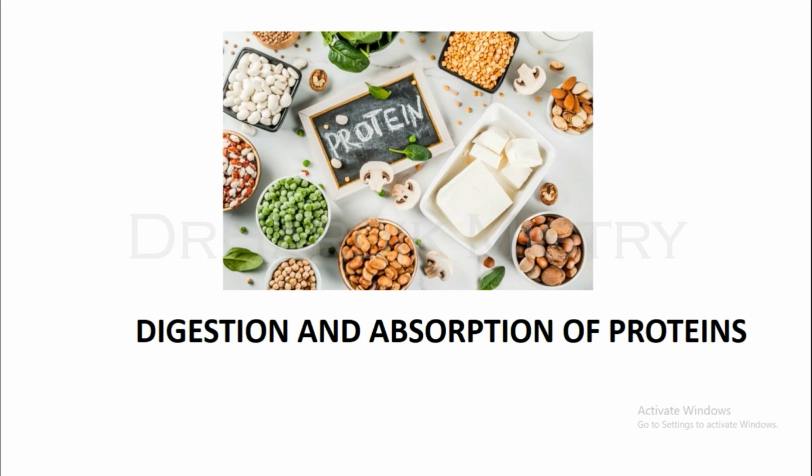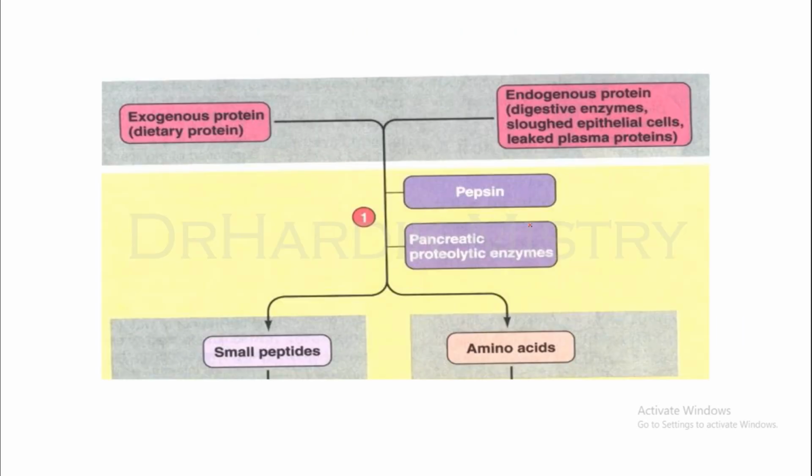Now we begin with the digestion and absorption of proteins. There are two different sources of protein: exogenous protein, which is the dietary protein, and endogenous protein, which includes the digestive enzymes, sloughed epithelial cells, and plasma proteins.